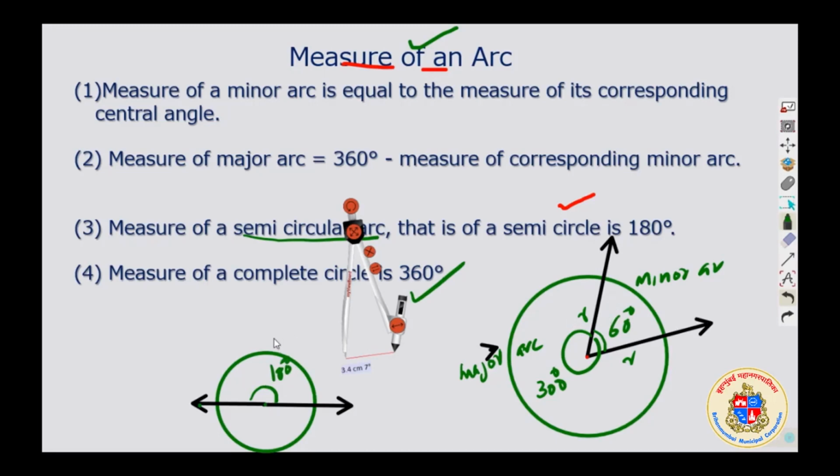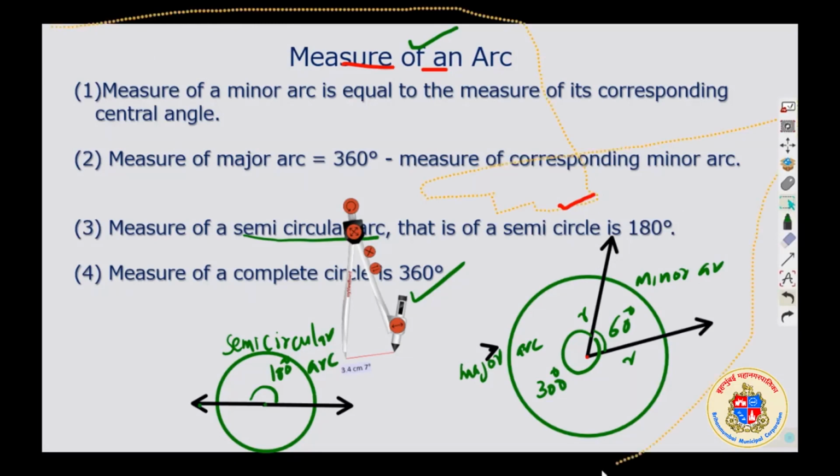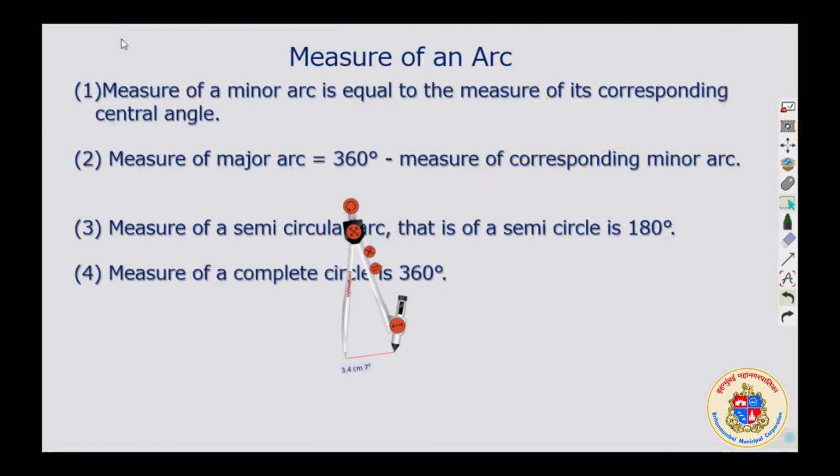So this arc is a semicircular arc. Semicircular means half circle. Understood? So this concept also should be clear to you. चलो आगे बढ़ता हूँ.